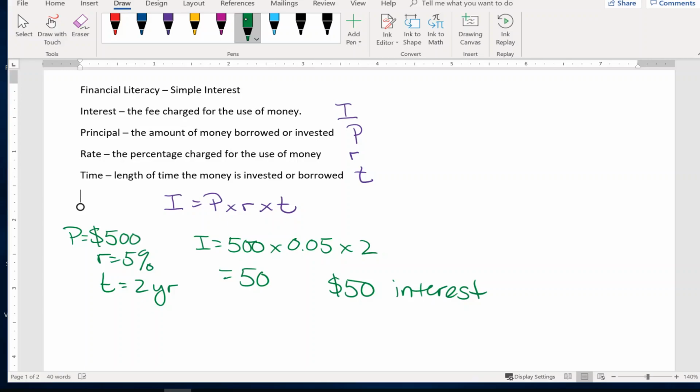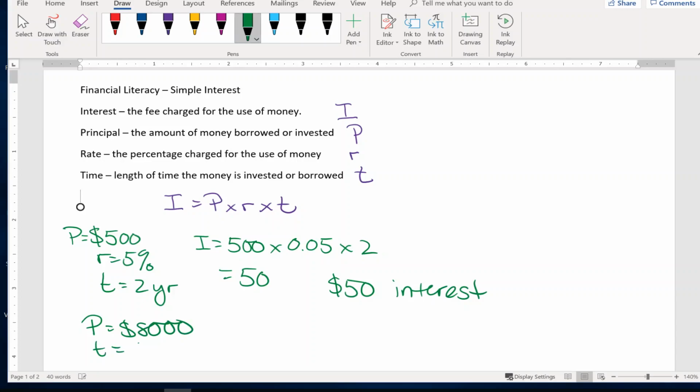Now, sometimes you might be told what the interest is, but you're not told what the percentage is. You can calculate that easily as well. So let's suppose that you want to borrow $8,000. And the bank tells you that you can borrow this over 5 years.